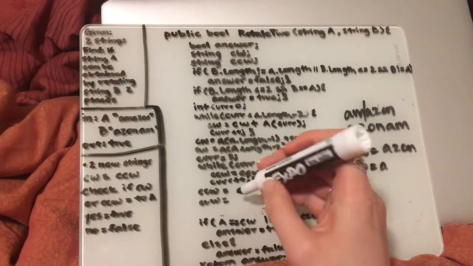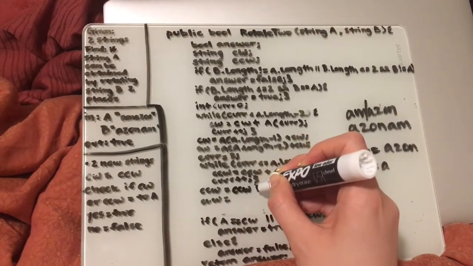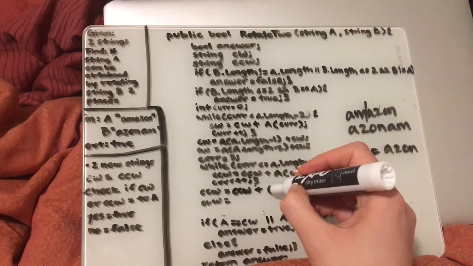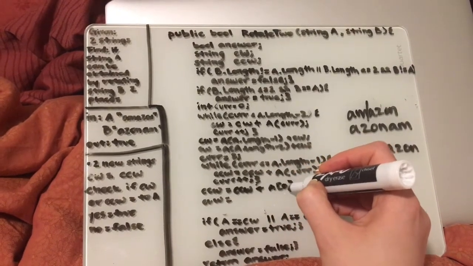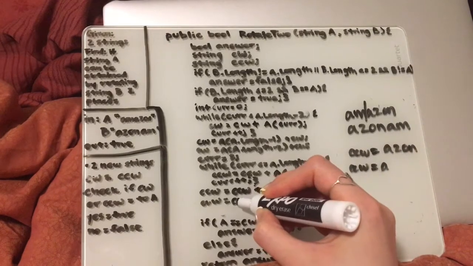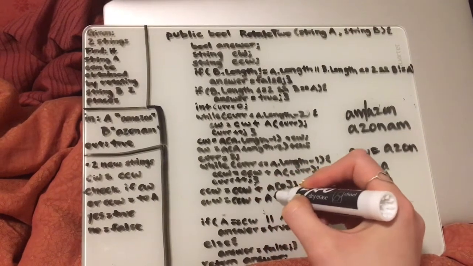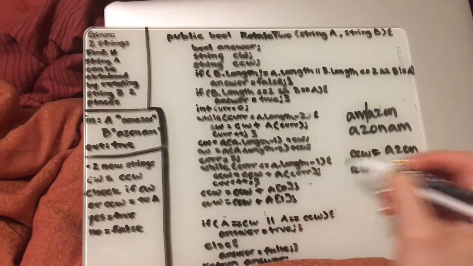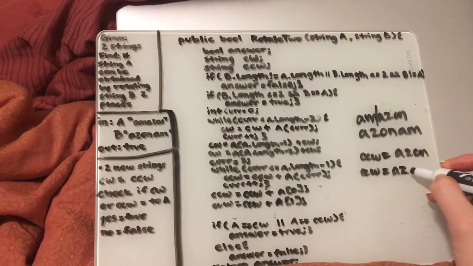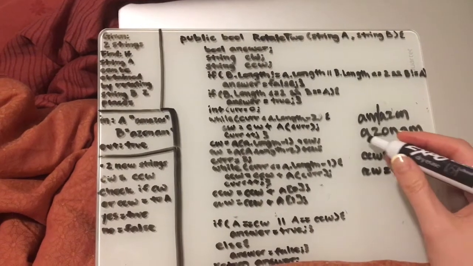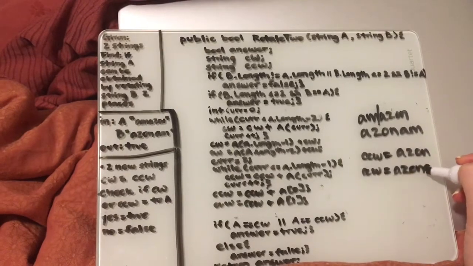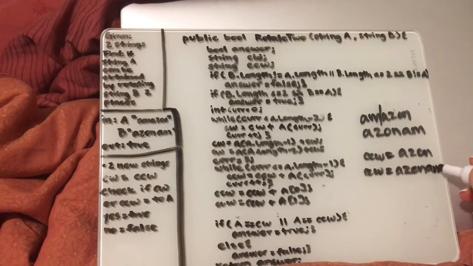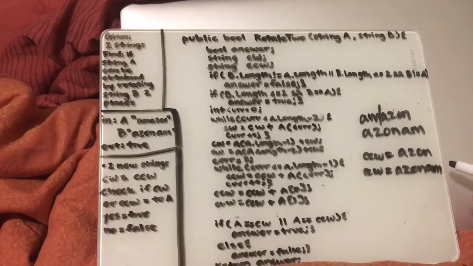It'll be CCW plus A at 0, CCW plus A at 1. So we'll have AZON, and then at 0 is A, and at 1 is M. So we'll get what we are searching for.